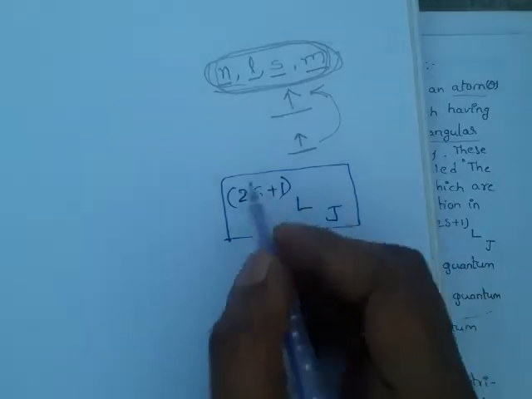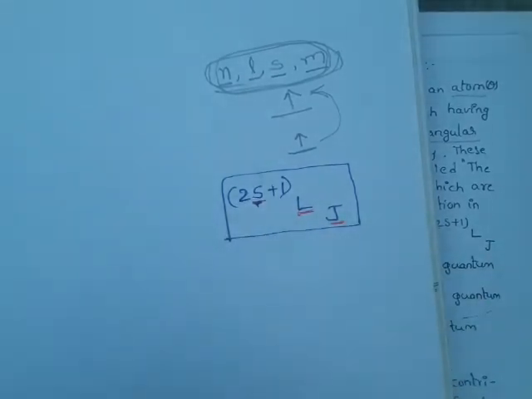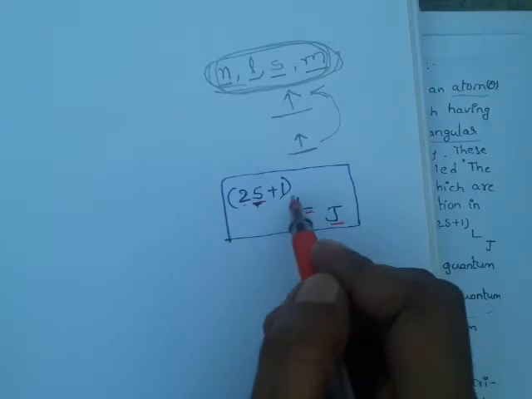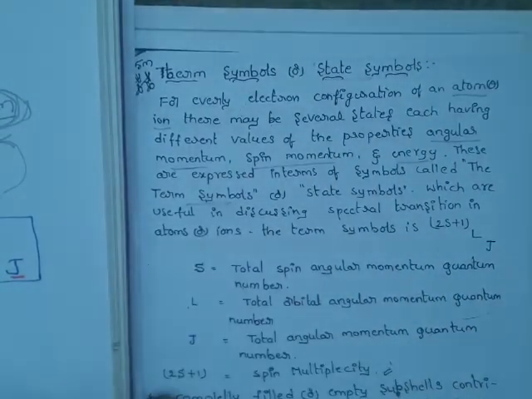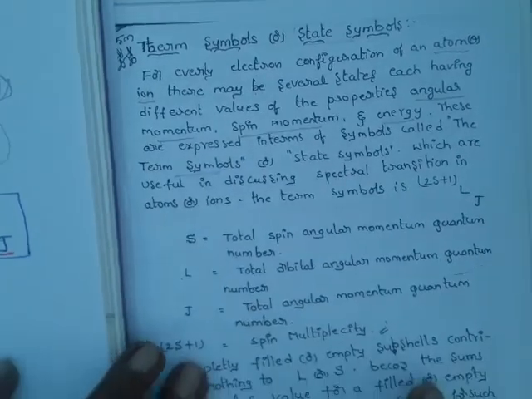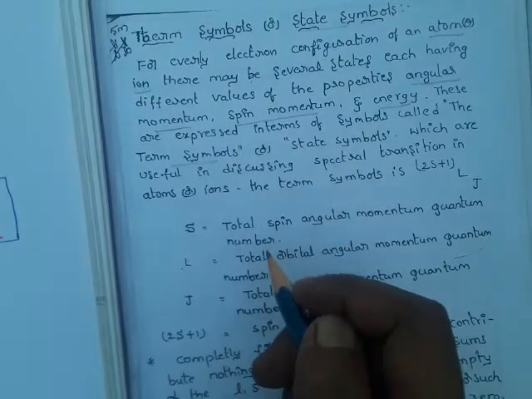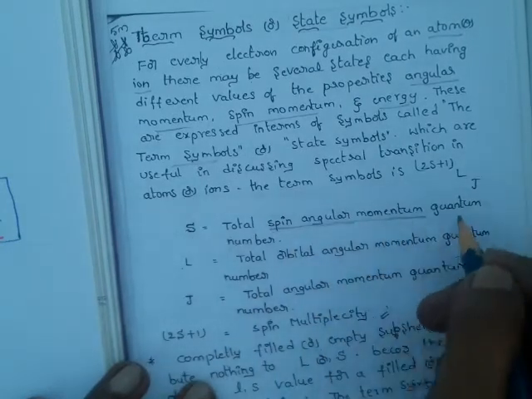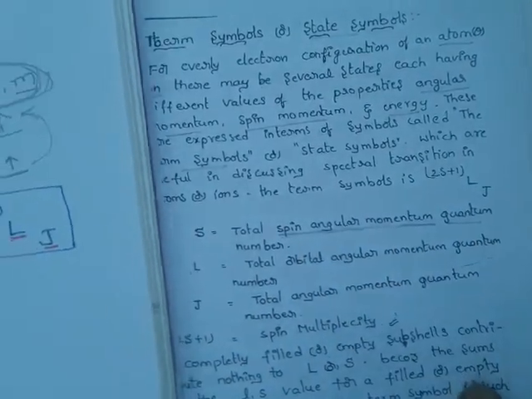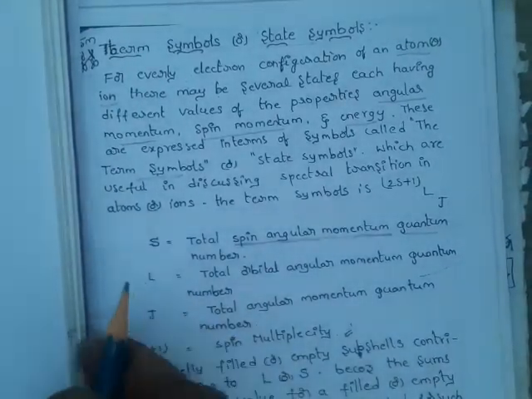Here, what is S, what is L, what is J? Because the remaining two are constants. Let us know what S is. S is the total spin angular momentum quantum number.